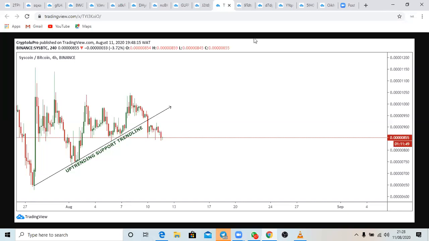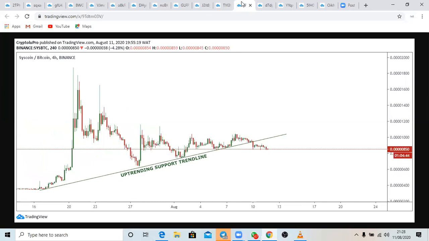This is another example. Price first came here to test it, then it came back here to test it again, then it came back here the third time to test it, the fourth time to test it before breaking down.